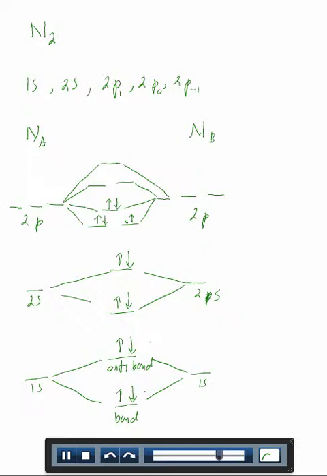From the 2p orbitals, I have 3 bonding orbitals, or 6 total bonding electrons. So there aren't any anti-bonding electrons to cancel the 3 2p bonding orbitals. So nitrogen is net bonding.